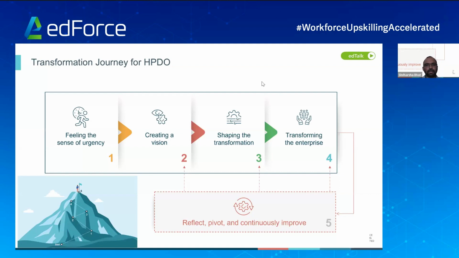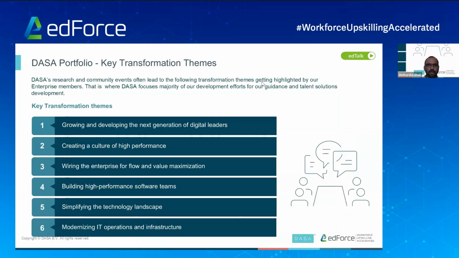Then creating a vision for the digital transformation, coming back with a framework and a roadmap for how they can shape the organization for their digital transformation, and finally transforming the enterprise's executive planning, and continuously improving upon that.